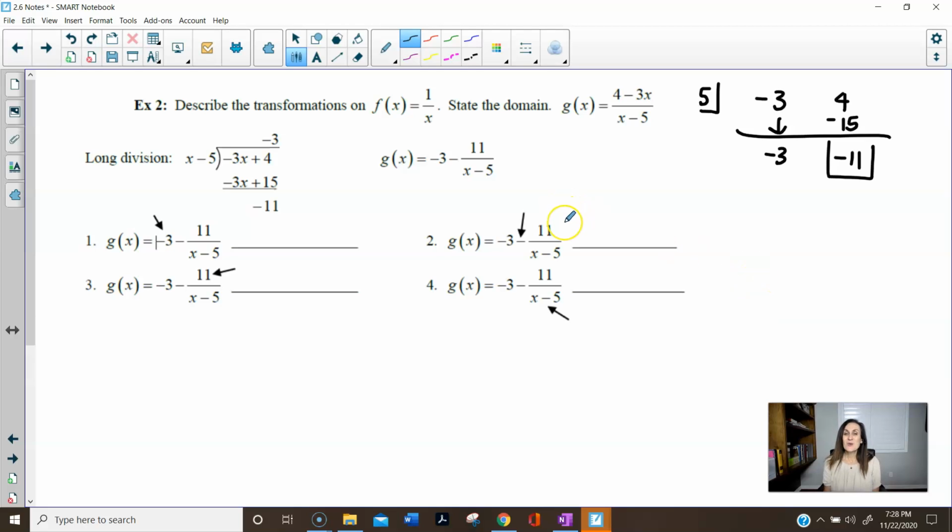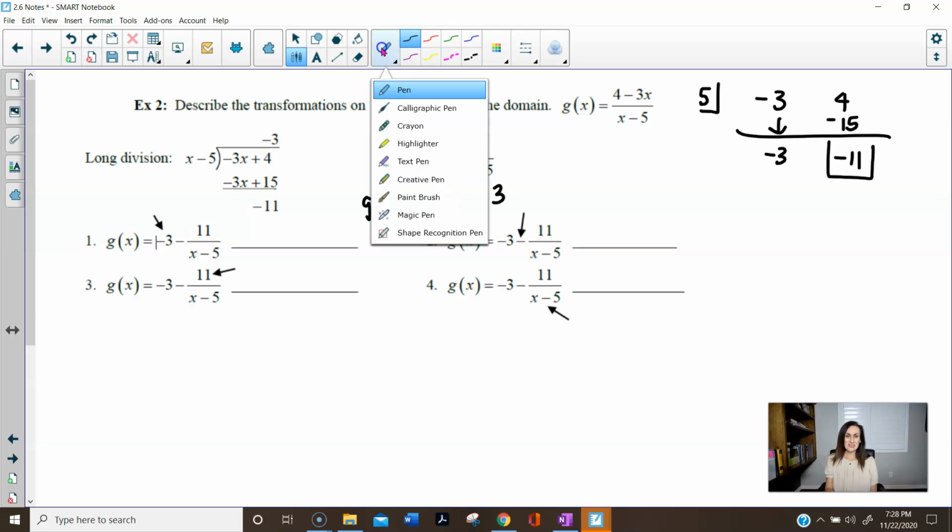All right, so now it's in the correct form. You may be used to seeing it this way, where I take the negative 11 over x subtract 5. I put that out in front, and then I have subtract 3. All right, so let's go ahead, shift, reflect, and stretch.